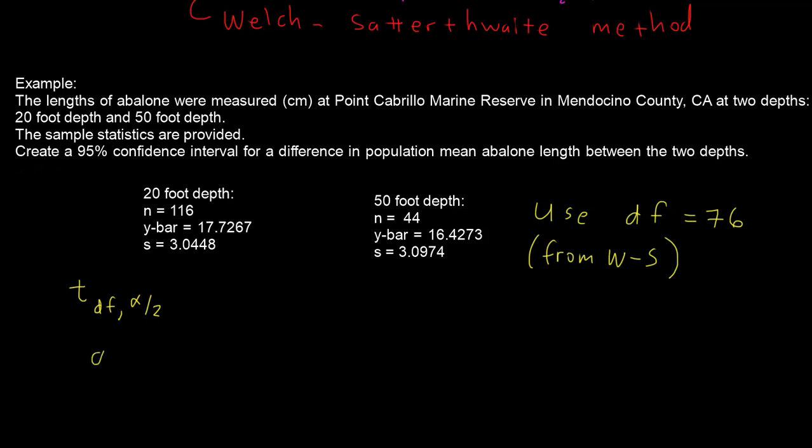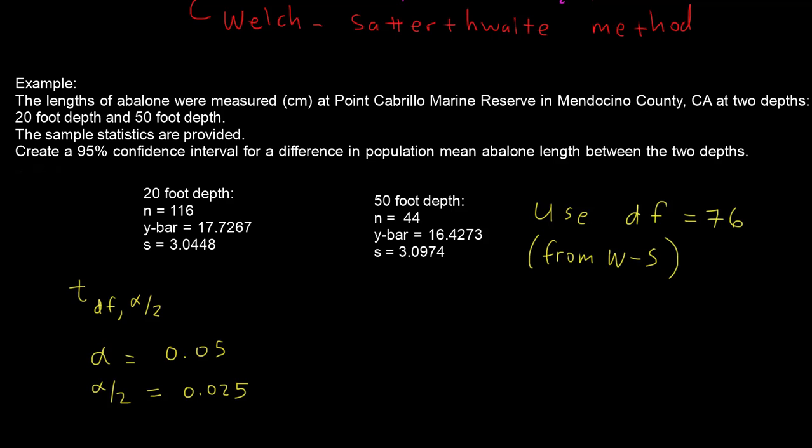So remember, alpha is the complement to the confidence level. Since we were told we want 95% confidence, that makes alpha 0.05. If we want to chop alpha in half, remember 0.05 is split between the two tails. That's going to be 0.025 area in each tail.